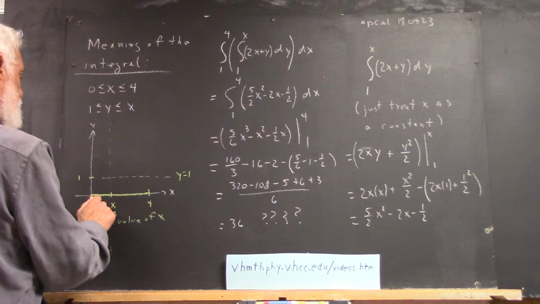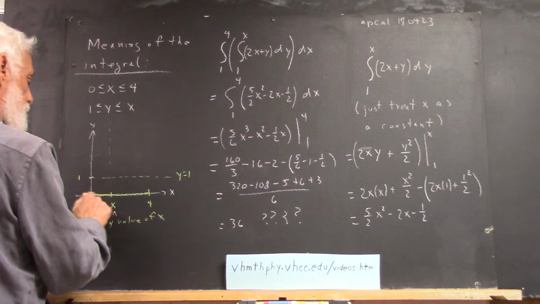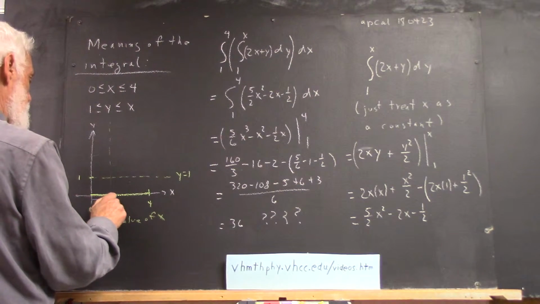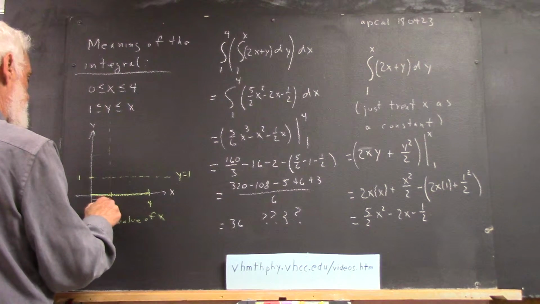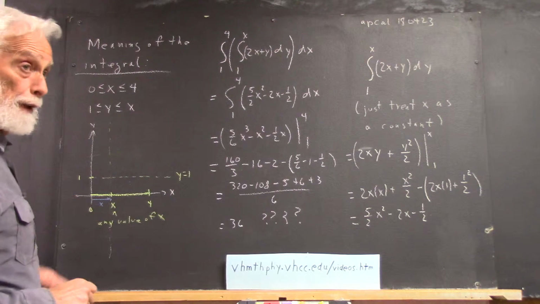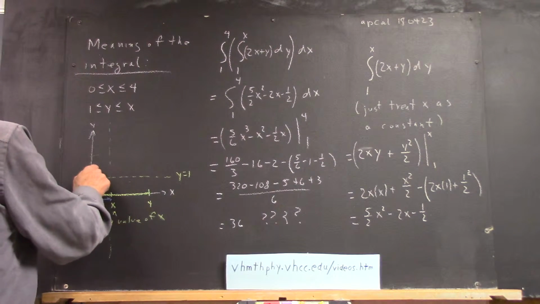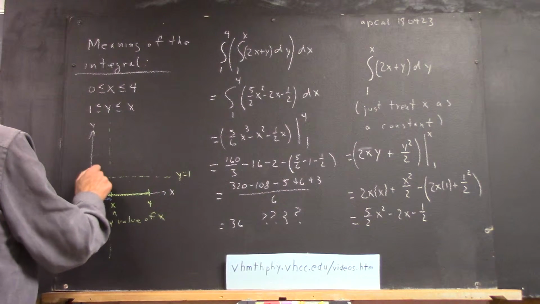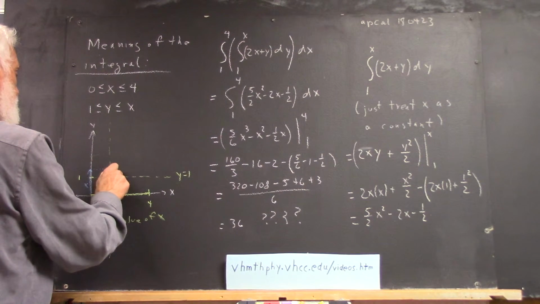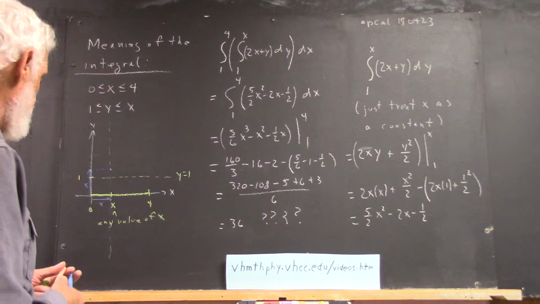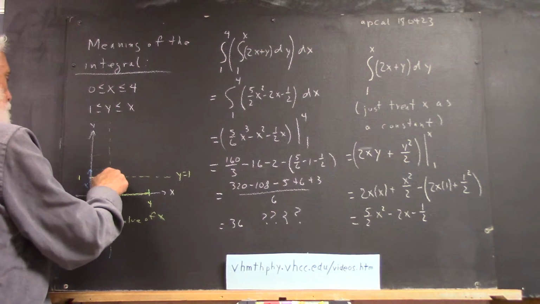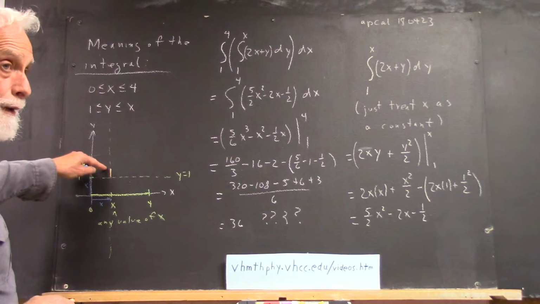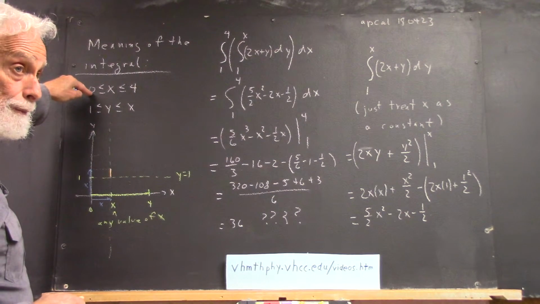Let's just say this x value here, there's a little arrow of length x, right? You put that arrow up here, and you come over here, and here are the values of y for that particular x that are within this region.